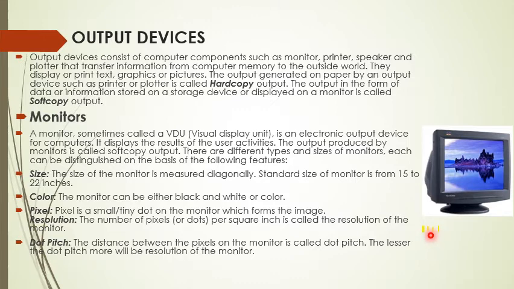That gap or space is known as the dot pitch. If this space is less, then your monitor resolution will be high. If this space or gap is bigger, your resolution will not be that clear. So keep in mind that the lesser the dot pitch, the more the resolution of a monitor.